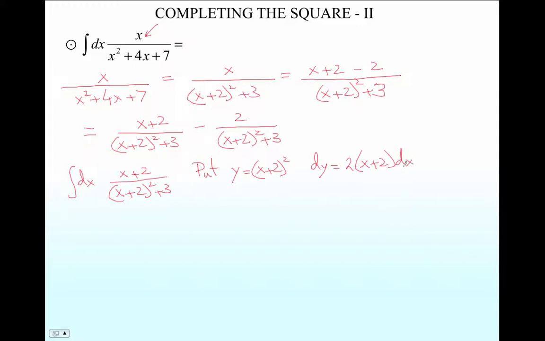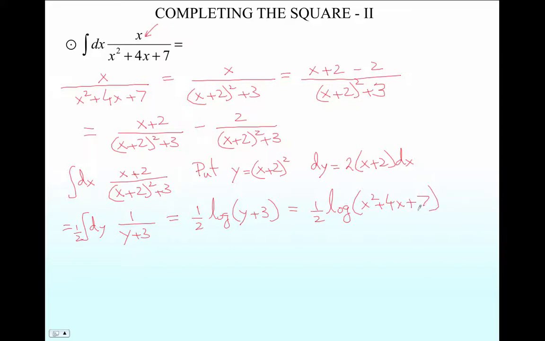So this x plus 2 dx becomes half dy, and so this is half dy. And at the bottom, we have 1 over y plus 3. But that's easily done. That's just log of y plus 3. And we have already put y equal to x plus 2 squared. So when we open that out, that's half log of x squared plus 4x plus 7.